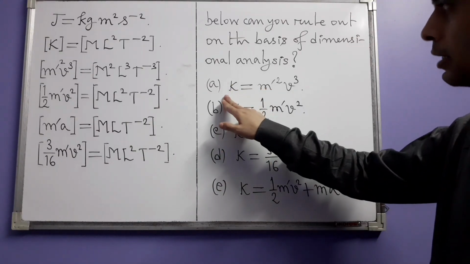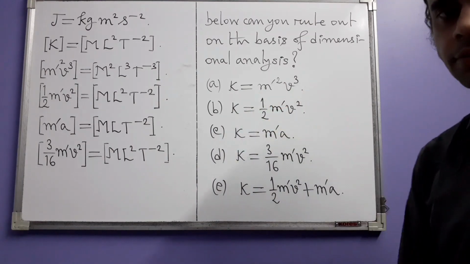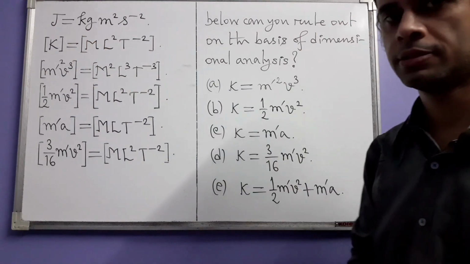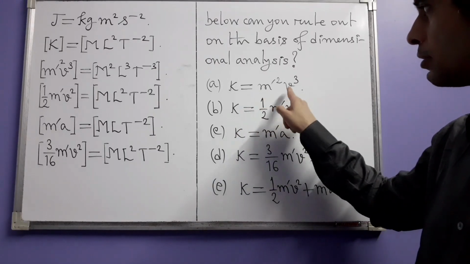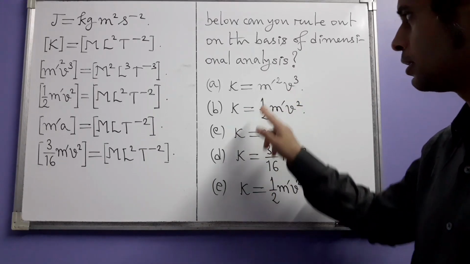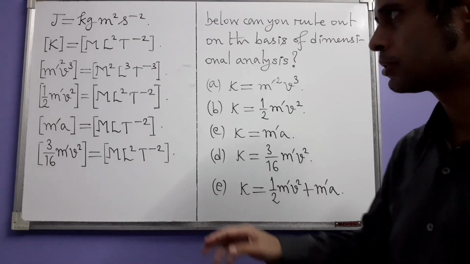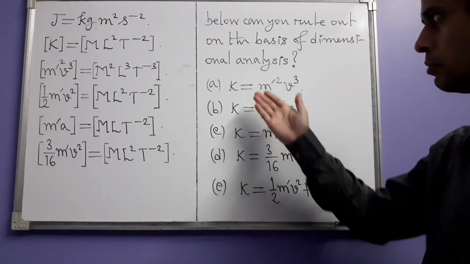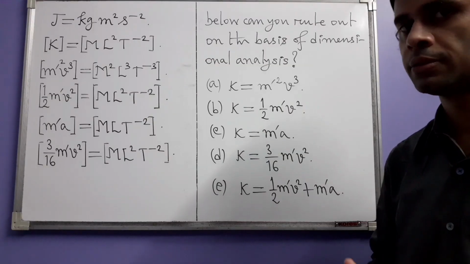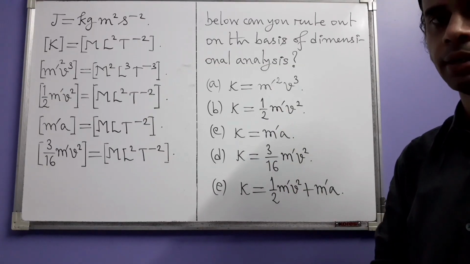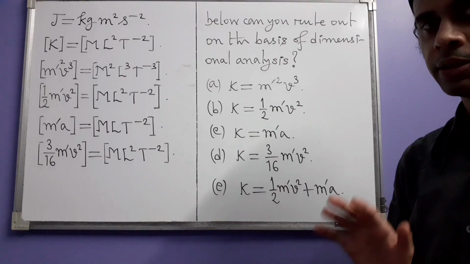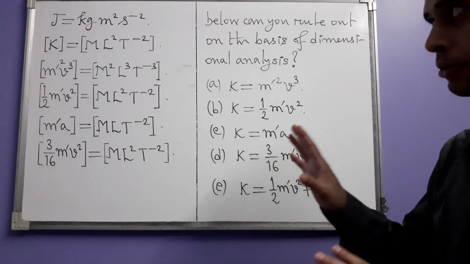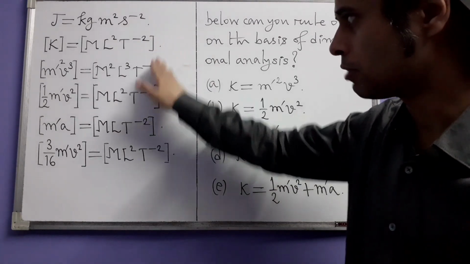First you take part A, which has this equation, then you write the dimension of kinetic energy is this, and the dimension of the right hand side, which is some other quantity involving mass and speed or velocity, is this. And then you write that because the dimensions do not match, so we can rule this out. It's not a dimensionally consistent equation. But okay, now let us actually see what's going on here.